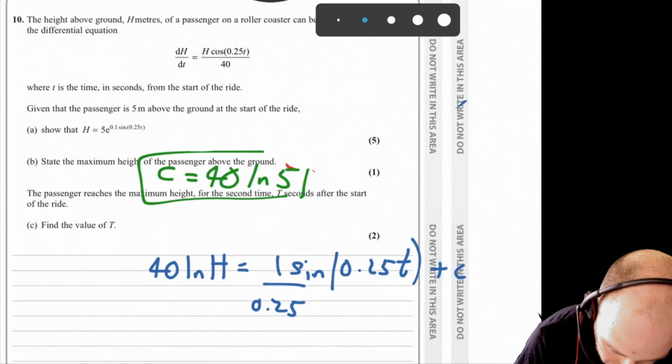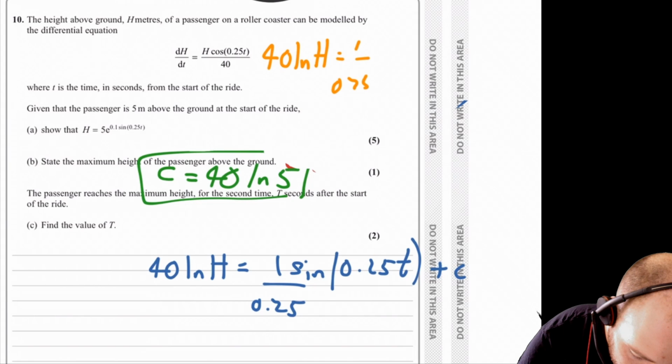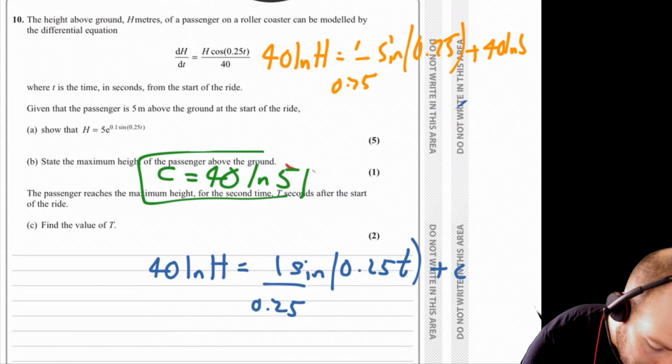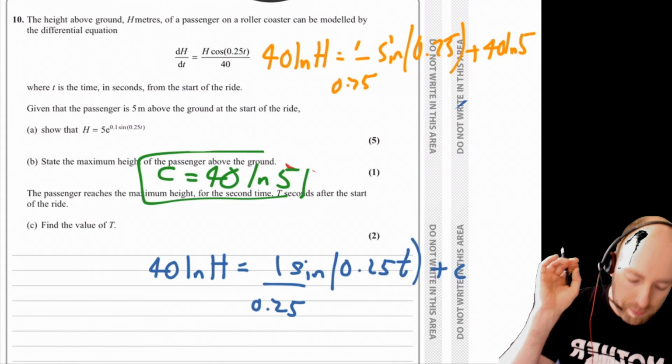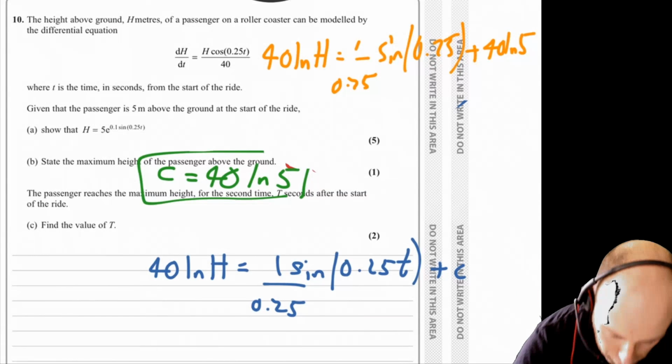So we're going to get 40 ln h is 1 over 0.25 sine 0.25t plus 40 ln 5. Now, if you guys put your 40 on the other side, your c is going to be different, but it will still simplify to the same thing.